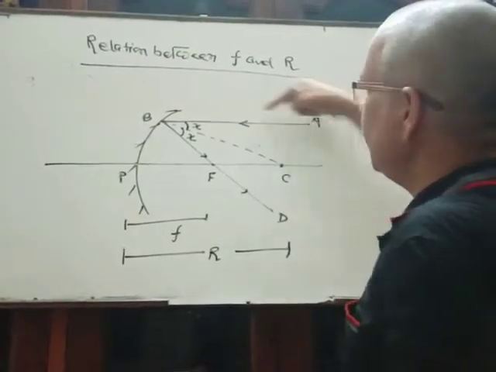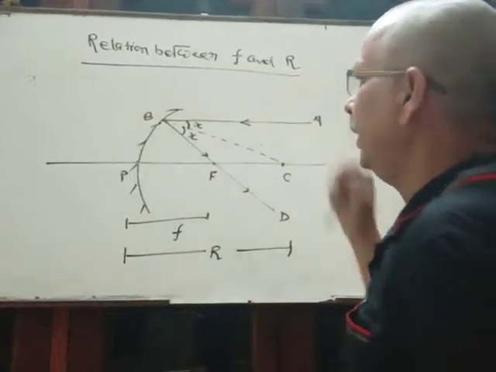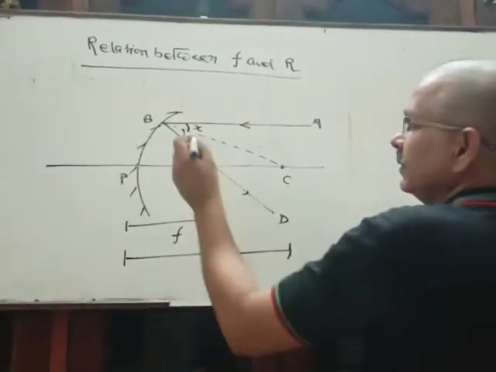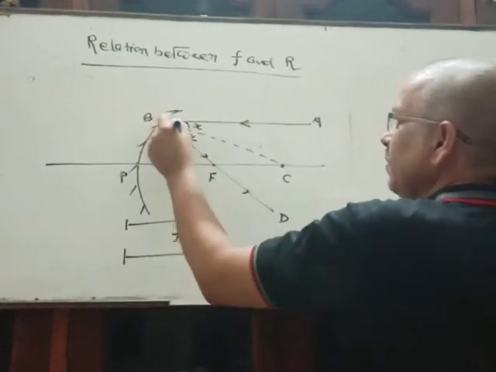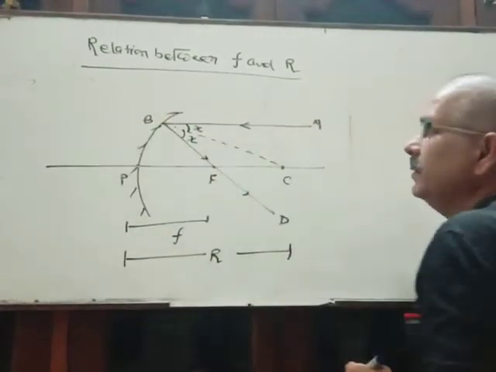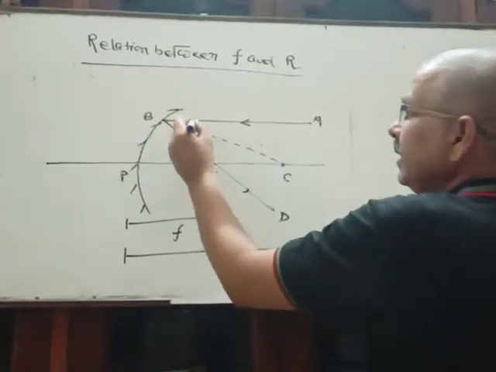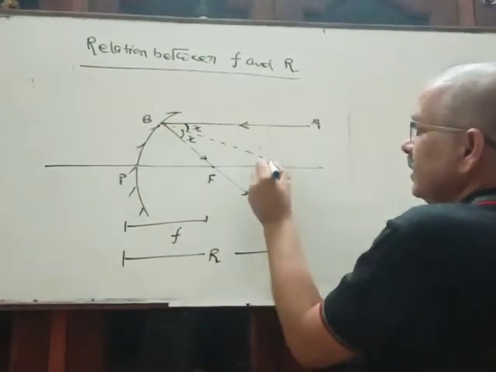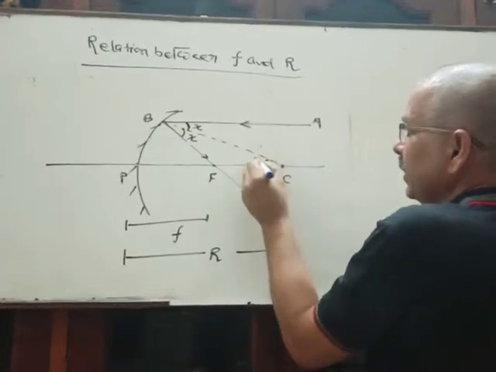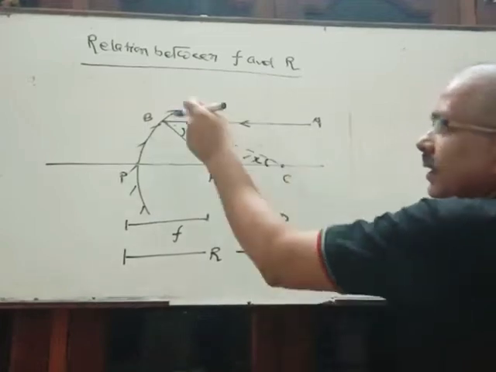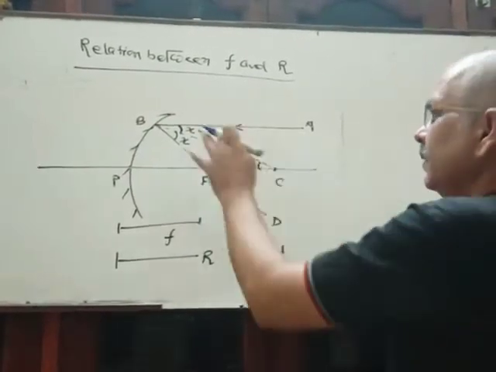Here AB is parallel to CP. Correct? AB is parallel to PC. So if this angle is X, this angle will also be X. Here the angle of incidence and this X are both alternate interior angles.